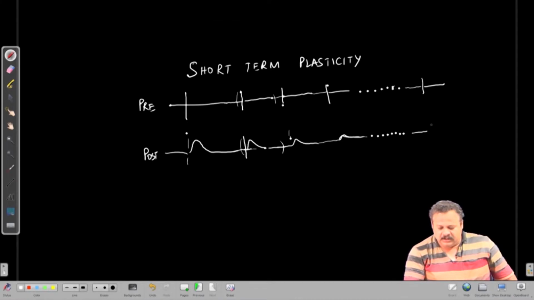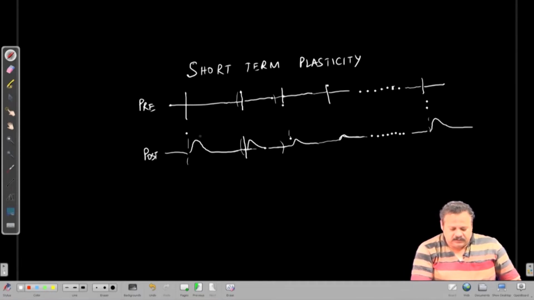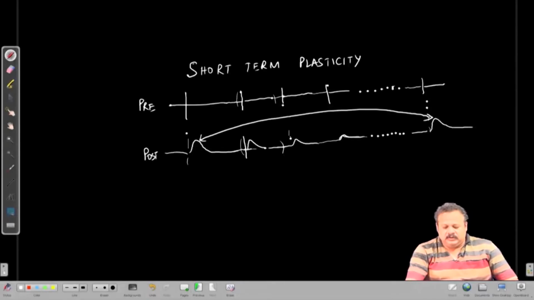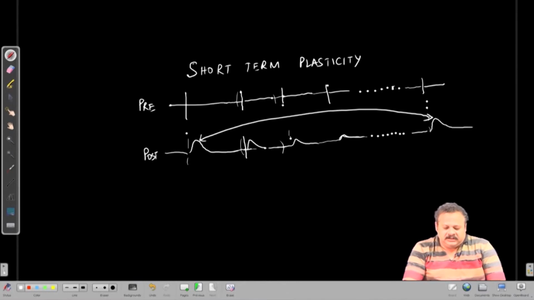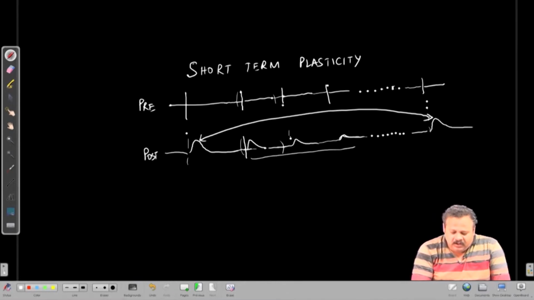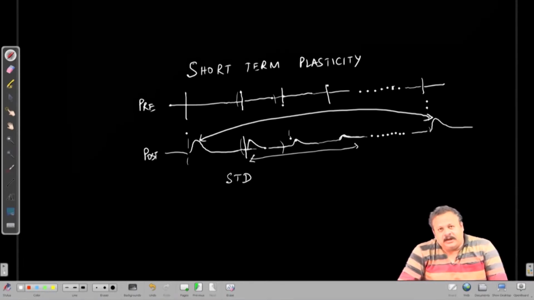We measure the postsynaptic potential and we get back our original strength. So, this is the same as this. So, we have recovered our original strength, and in between we have what we call short term depression, that is, the synaptic strength is reducing with every subsequent spike.